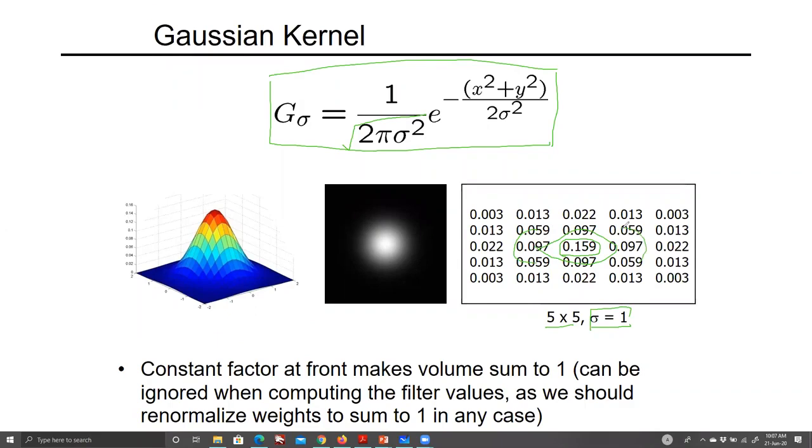It is slightly hard to make these circles here, but you will get a hang of it. 0.22 actually is a closer circle, to be honest. I have just tried to create some kind of a Gaussian effect here, so you can maybe see the contours and try to understand. Overall, when you sum all of them, you should get 1.